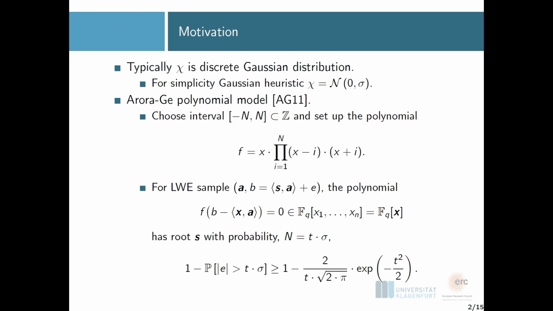So now, given an LWE sample A and B, you set up a variable vector x representing the secret, and then you substitute B minus the scalar product of x with A into the error polynomial. And then, as I said before, provided this interval is big enough, with decent probability under the Gaussian heuristic, the true secret will be a root of this polynomial.